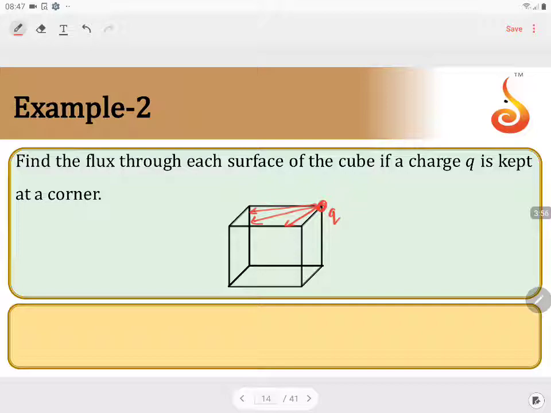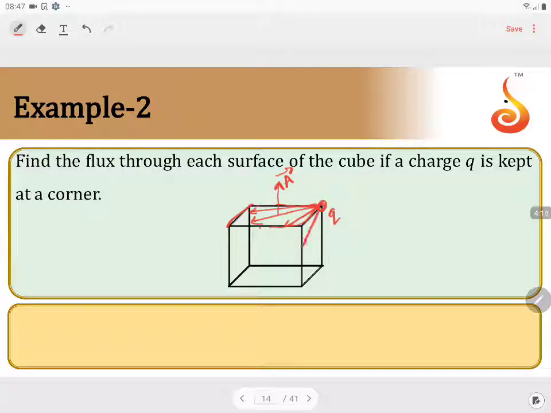If we consider this top face, electric field lines are parallel to this face, but the area vector will be like this. So what is the angle between the area vector of the top face and the electric field lines? 90 degrees. So the flux over the top face will be 0.